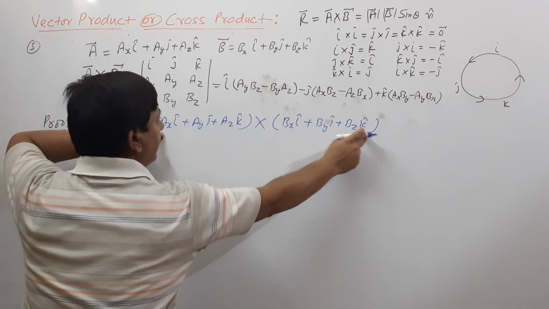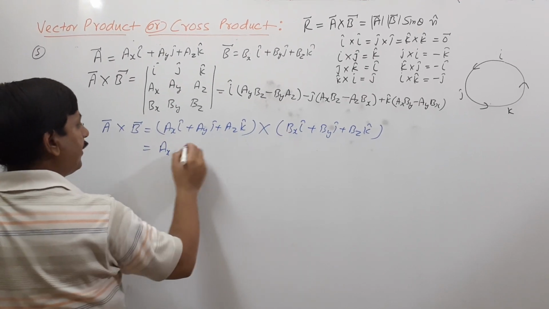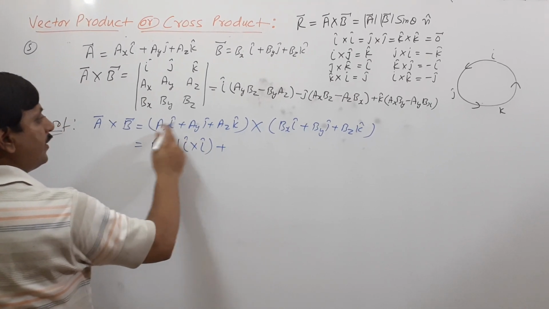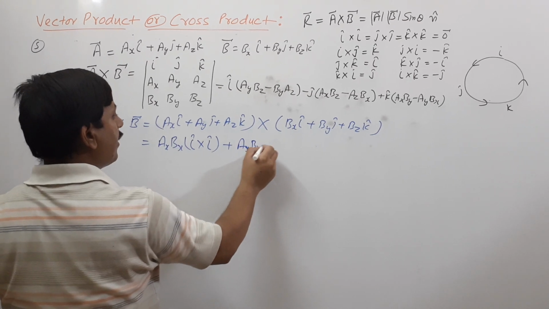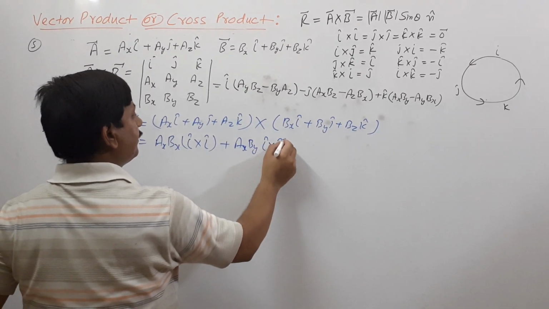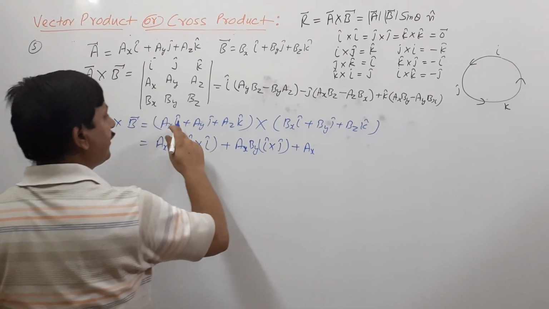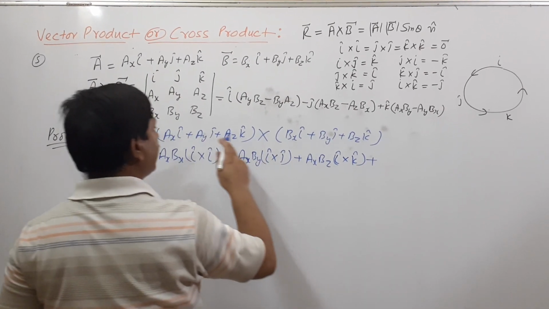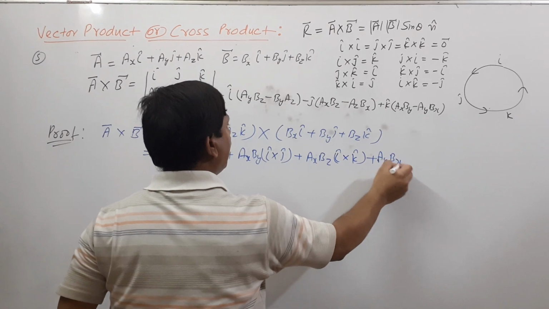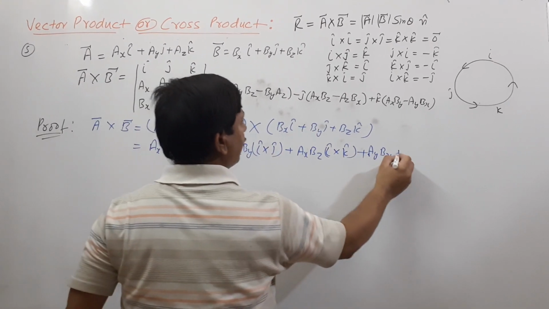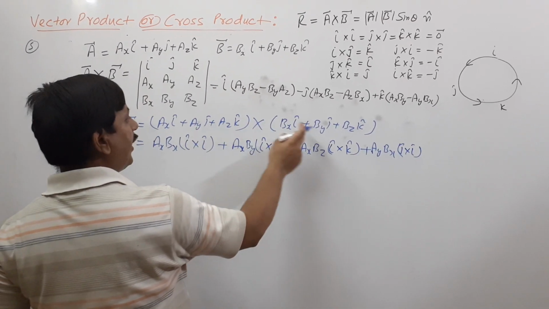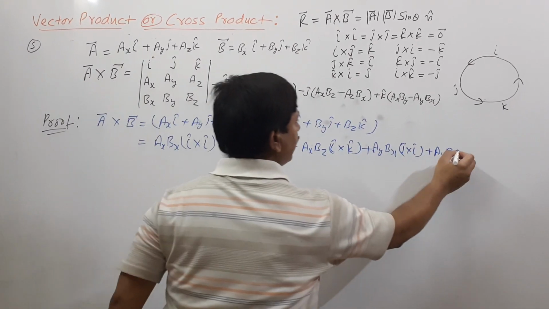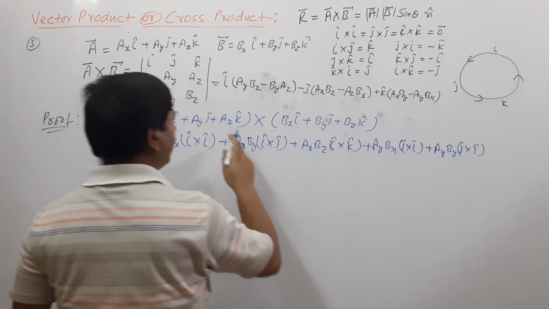This ax i cap will be distributed: ax bx i cross i, ax by i cross j, ax bz i cross k, plus ay bx j cross i, ay by j cross j.